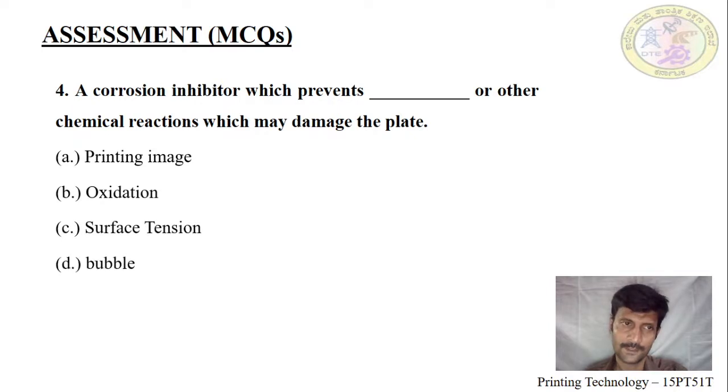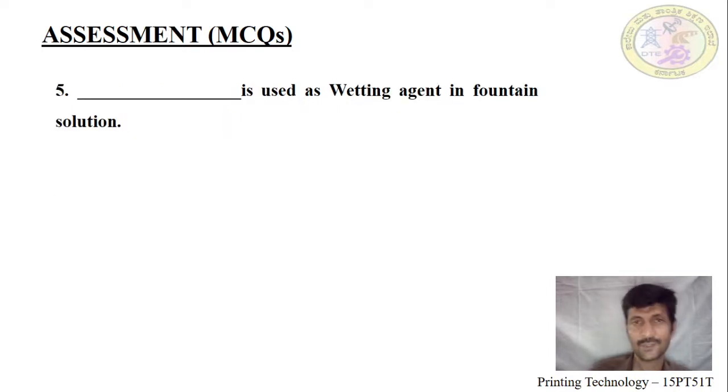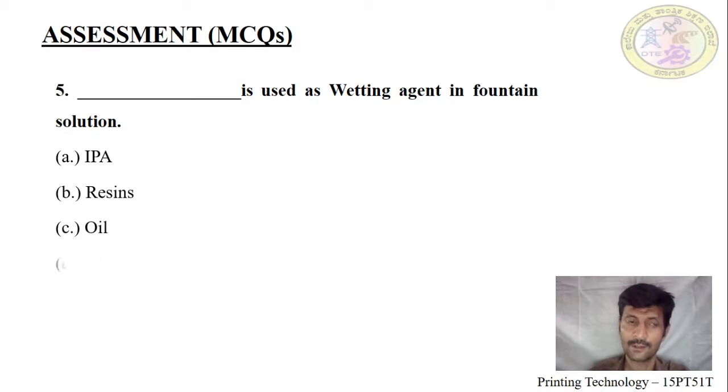Next, go to the next question. Dash is used as a wetting agent in a fountain solution: IPA, isopropyl alcohol, resins which come in vehicles, oil, and none of the above.